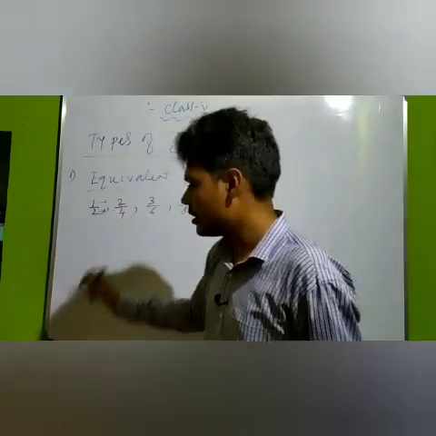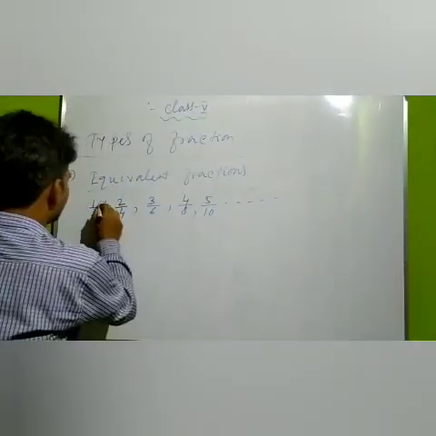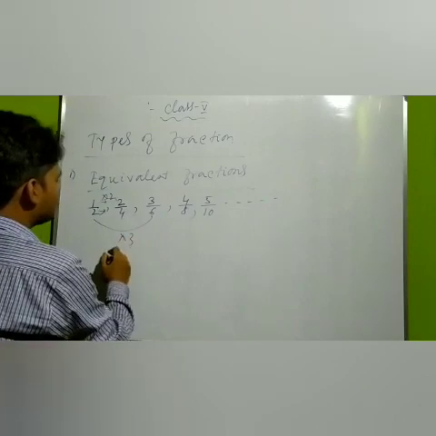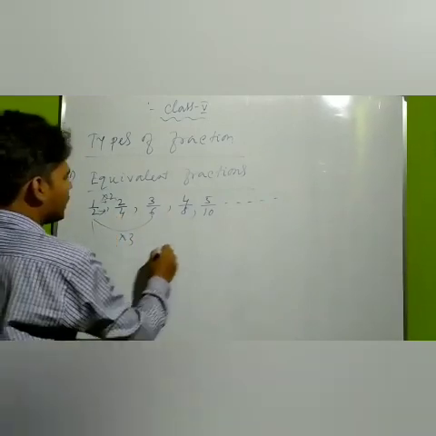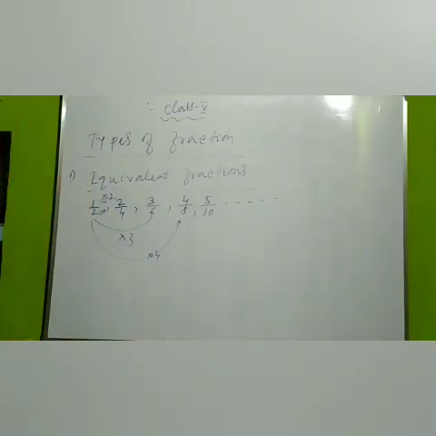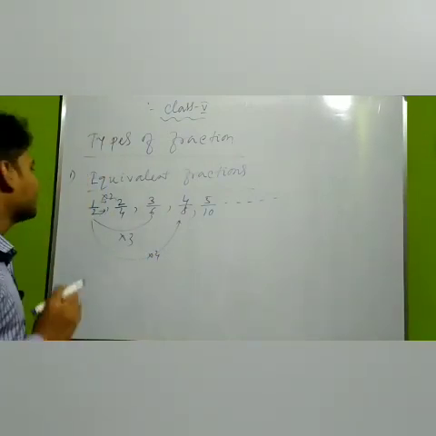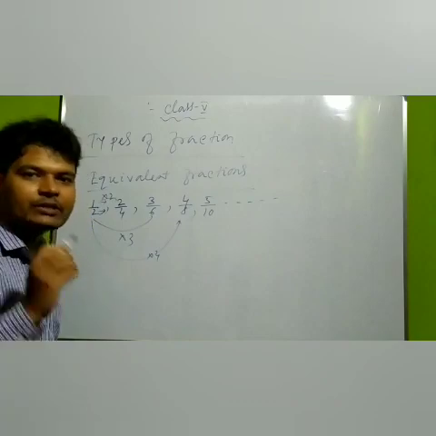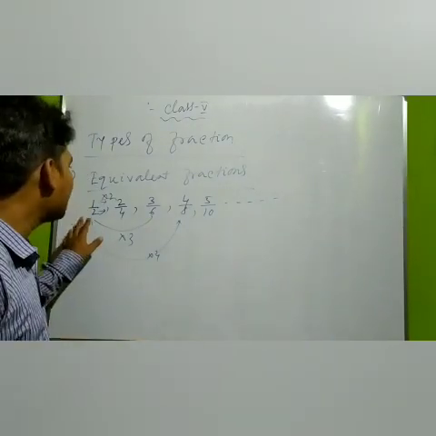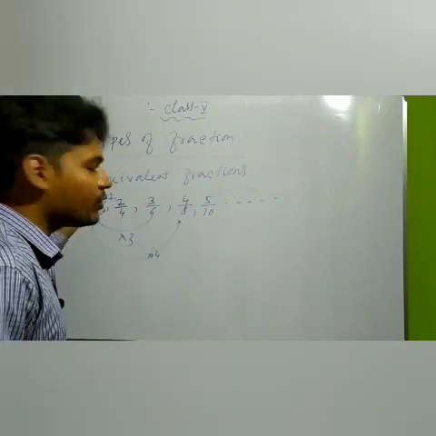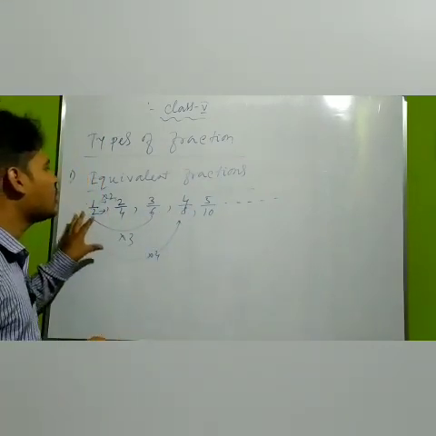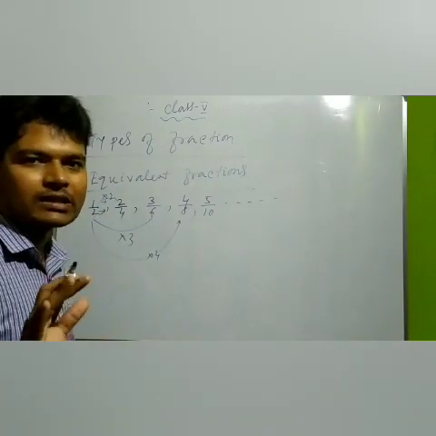Here we multiplied by 2, here we multiplied by 3, then again here we multiplied by 4. So that are called equivalent fractions because the value of this fraction are equal to each other. Always we get the equal value of this type of fraction. So these type of fractions are called equivalent fractions.